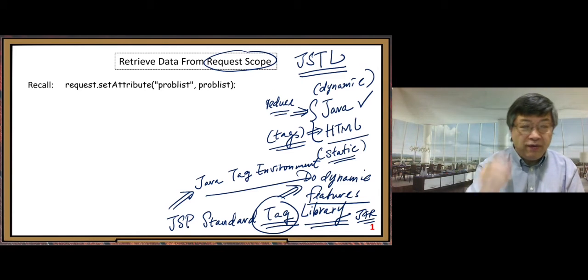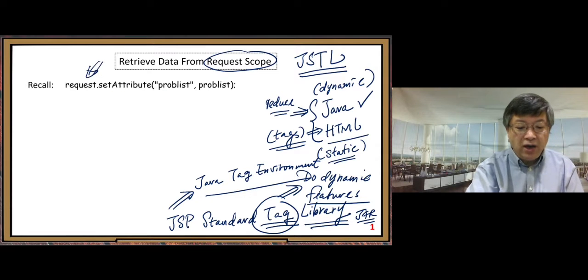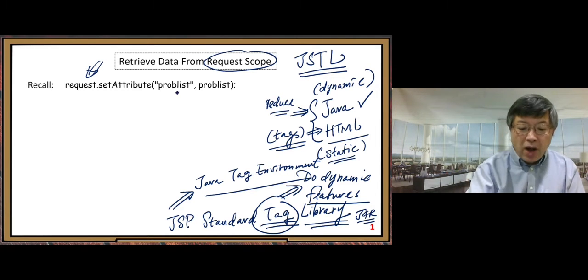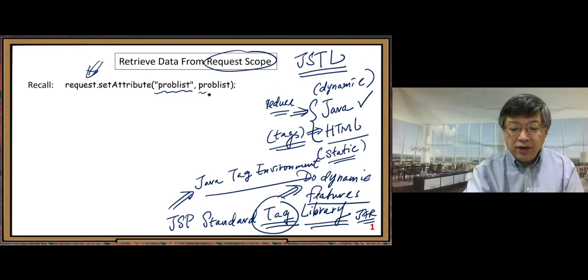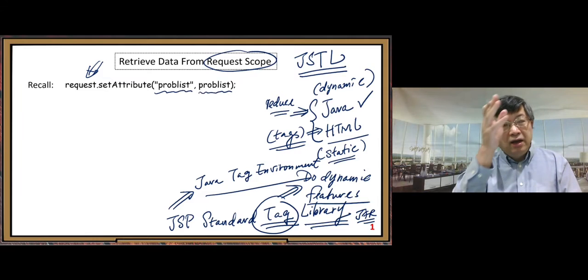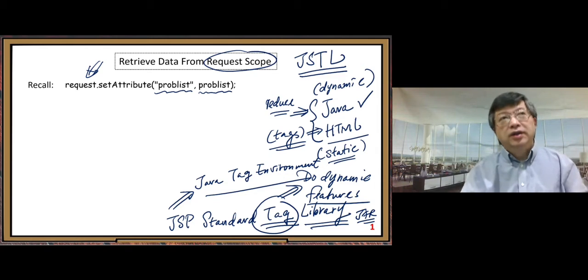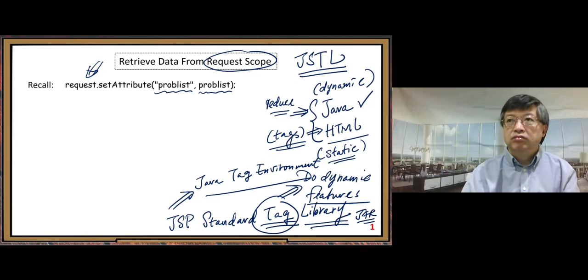We store that list into the request scope using this line, request.setAttribute. The name of the attribute, probList, in double quotes. Then the content of the data, our probList object, we prepared in our controller. That's the part we need from our previous part B.